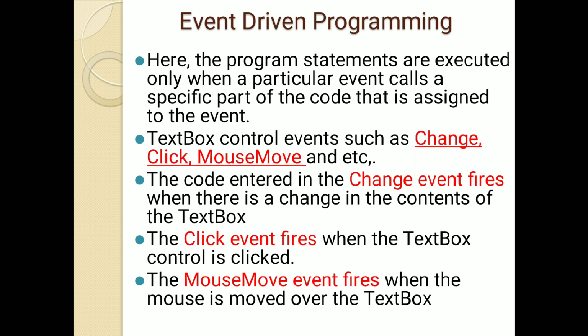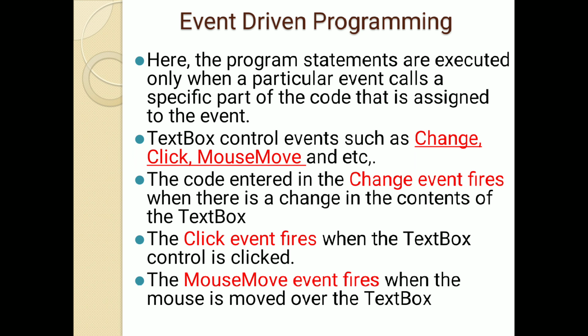Next, we can see event driven programming. Here the program statements are executed only when a particular event calls a specific part of the code that is assigned to the event.